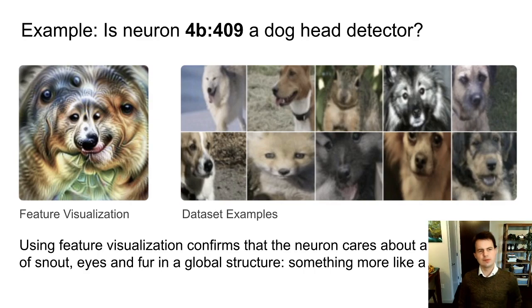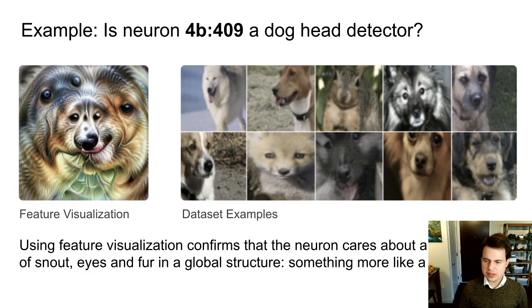And here's one for our dog head. It's really suggestive that this really is something more like a dog head detector. We can see that there's this snout here, and maybe a little bit of a red area that could be a tongue, and there are some eyes above it and fur around it. So it seems like it's really got some global structure, and it's looking for different components, which seems closer to a dog head detector.